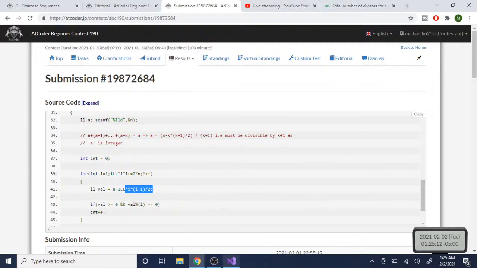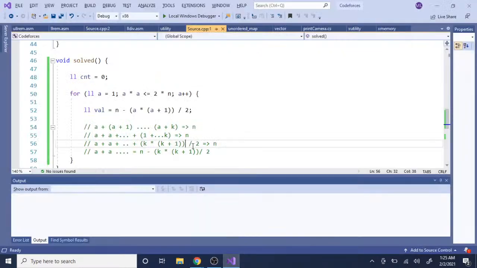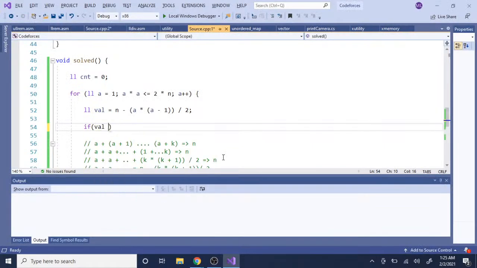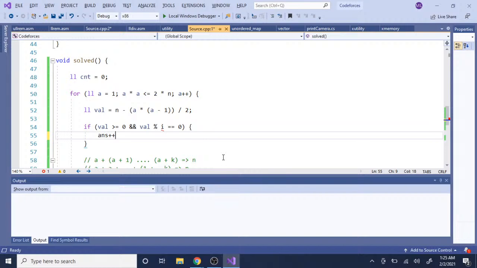So for some reason they don't want to do up to k plus 1, so they want to do k minus 1. I have no idea. So yeah, let's just do this. If it's greater than or equal to 0 and is divisible by i, then answer plus plus.